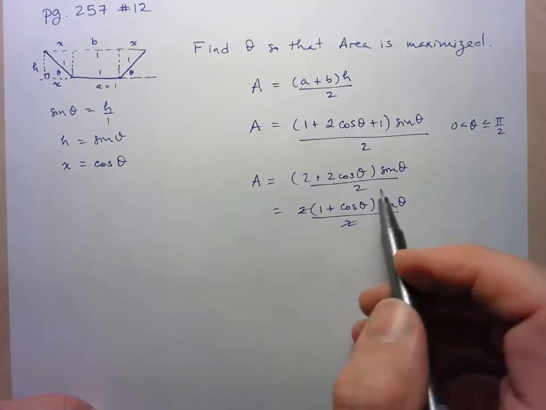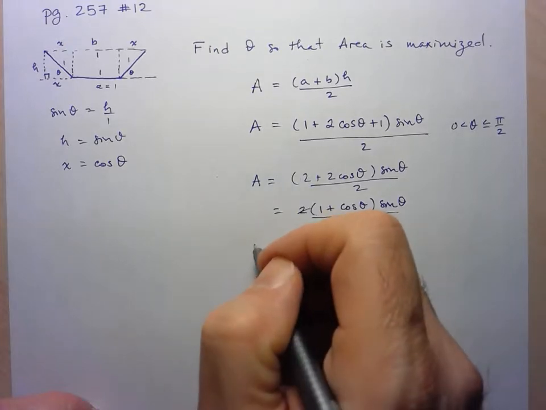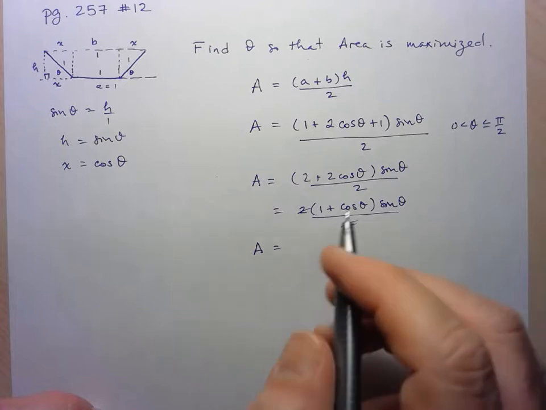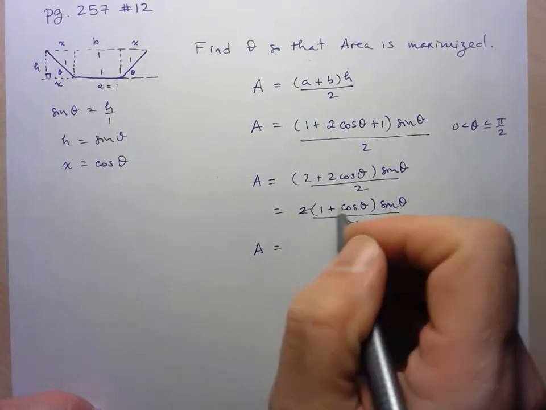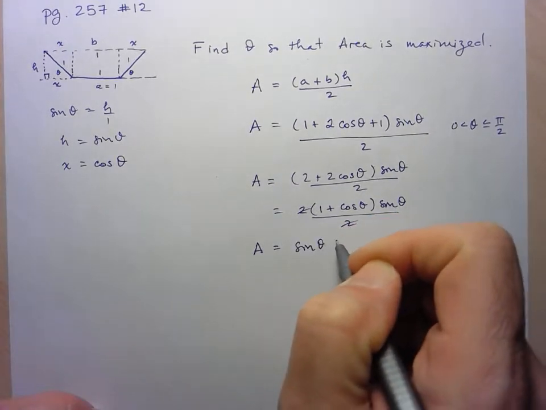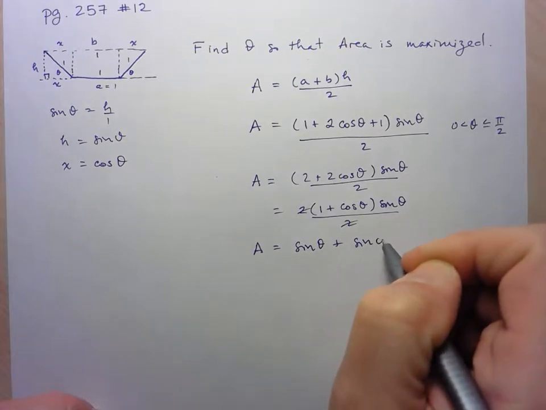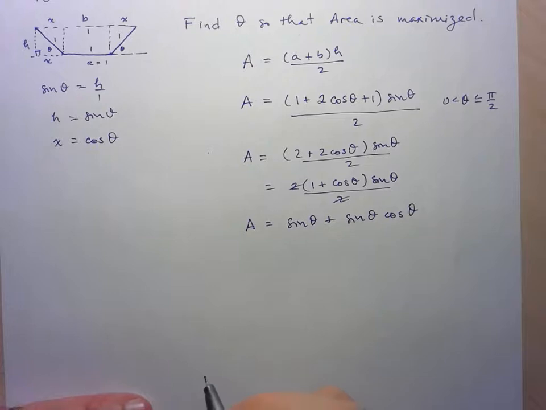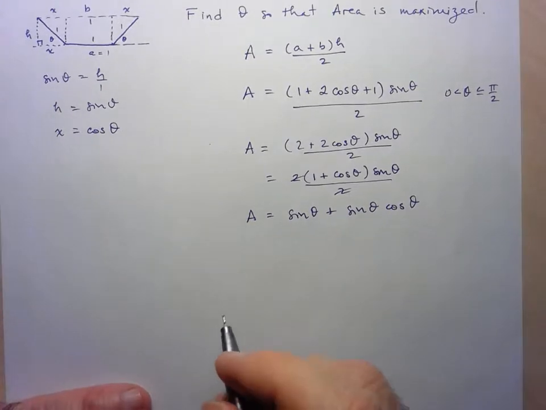Now, I could take the derivative of this expression, but I think it's going to be easier to take the derivative by multiplying this out. So I'm going to write this as sine theta times 1, so sine theta plus sine theta times cos theta. This is what I'm going to work with now to determine my optimal value.